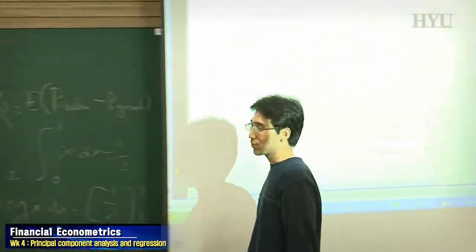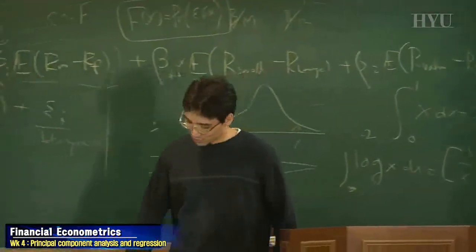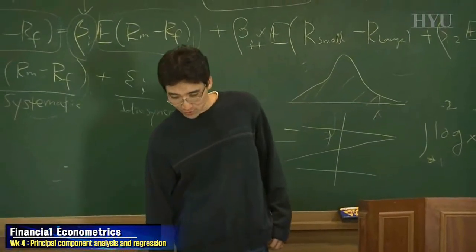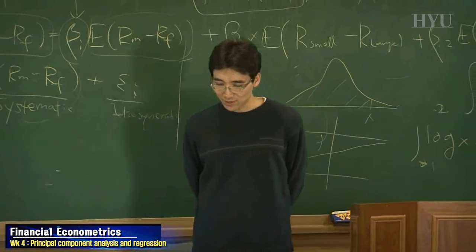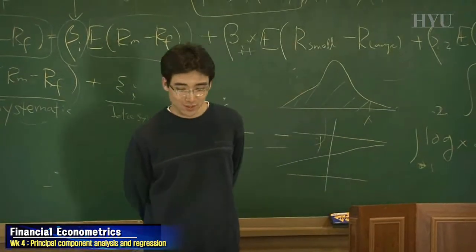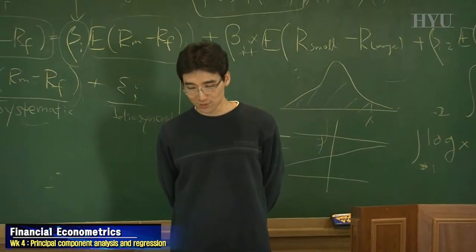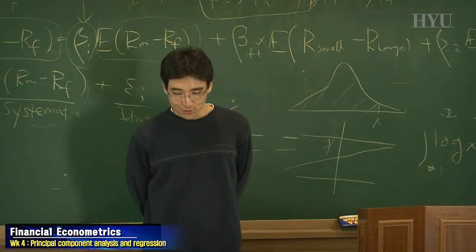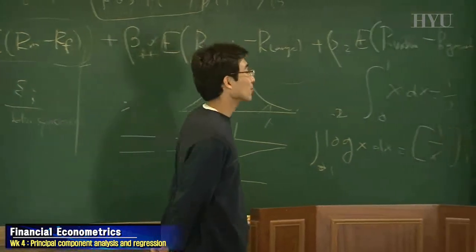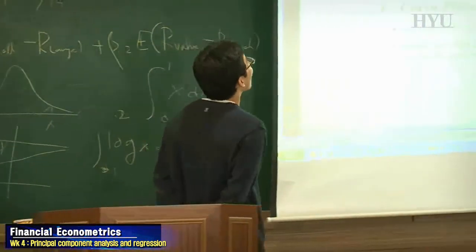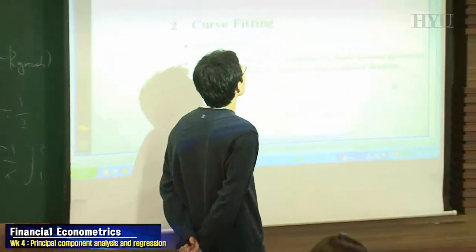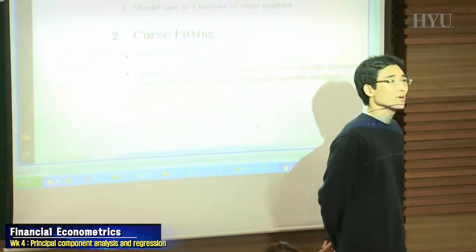So the CAPM is a great example. Another example is school performance as a function of SAT score. In this case, y is school performance, x is SAT score. Consumption as a function of income: y is consumption, x is maybe transitory income or permanent income.